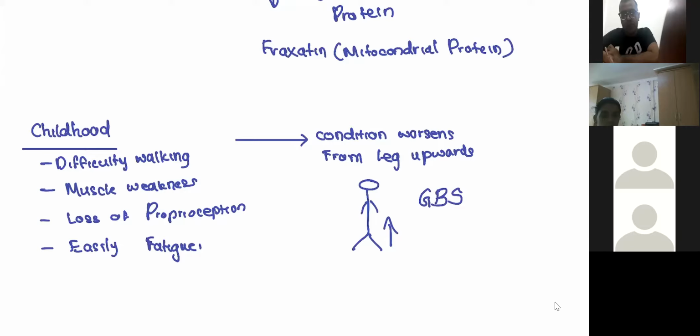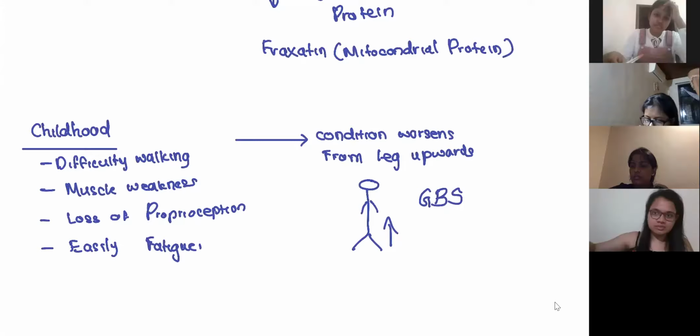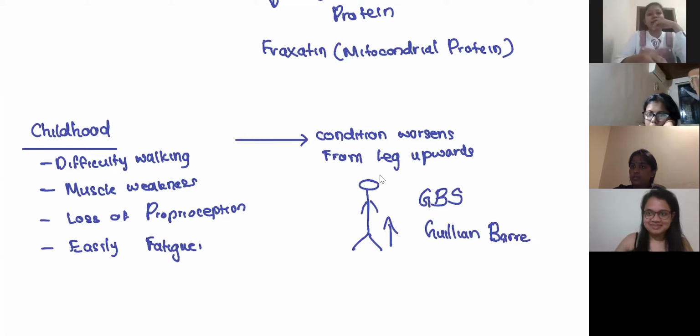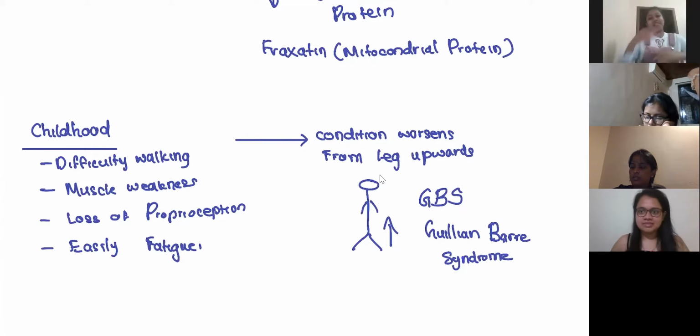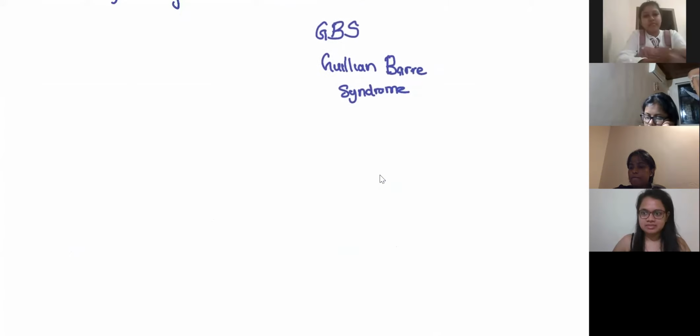The one in which a patient will have a diarrhea or a throat infection, and around 2 weeks later, they become paralyzed from the leg upwards. What is this disease called? We did this for spinal cord. Still no? Guillain-Barré syndrome. That is paralysis from the leg upwards.